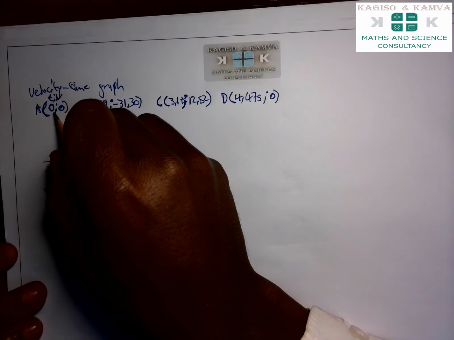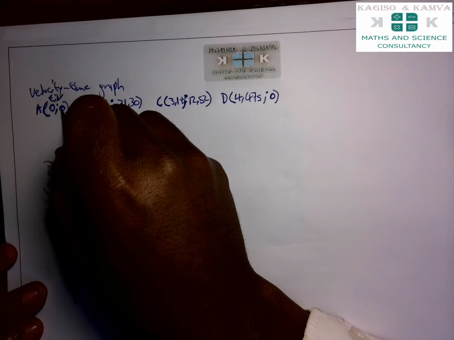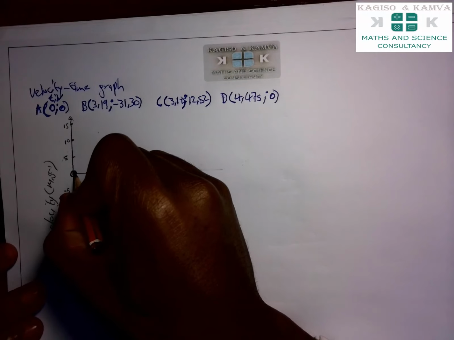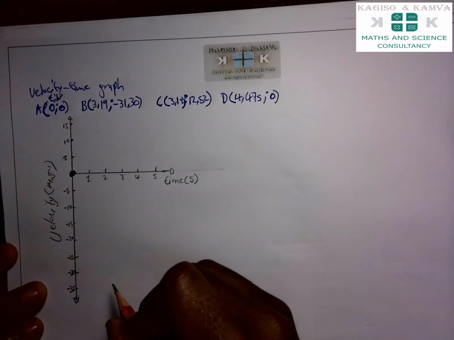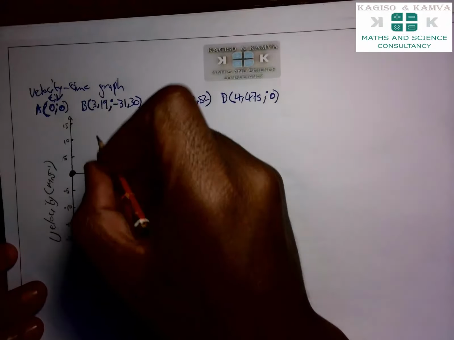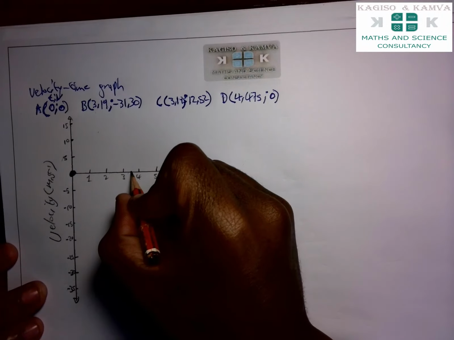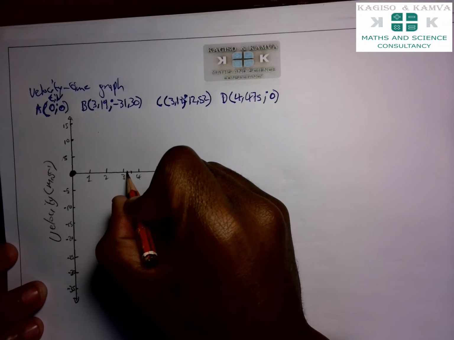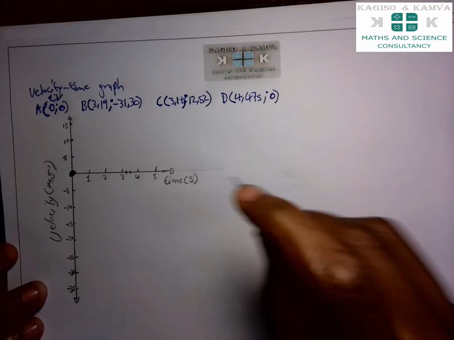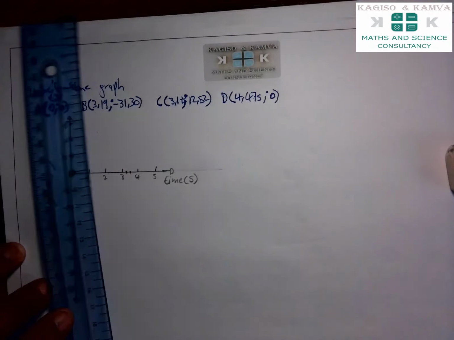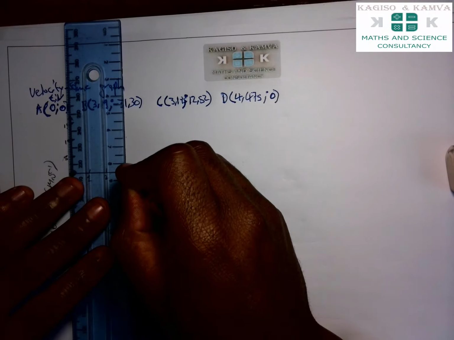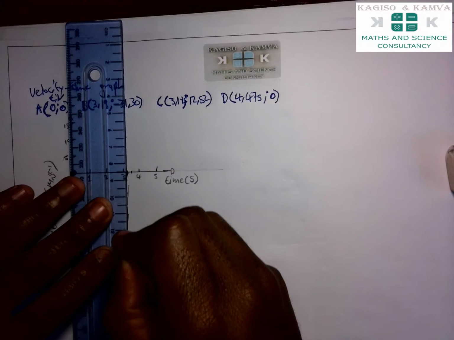Now, simple. Since we've got the times and the velocities, the first point is going to be here, 0 and 0. After 3,19 seconds, if this is 3,5, 3,19 is going to be somewhere there, and then we just use our ruler going down like this.